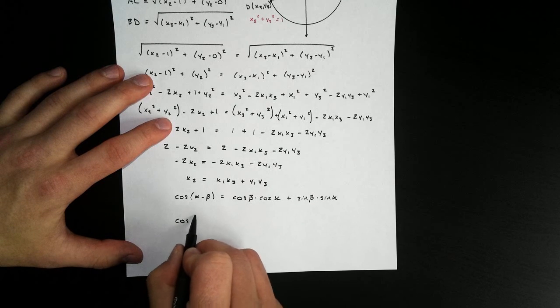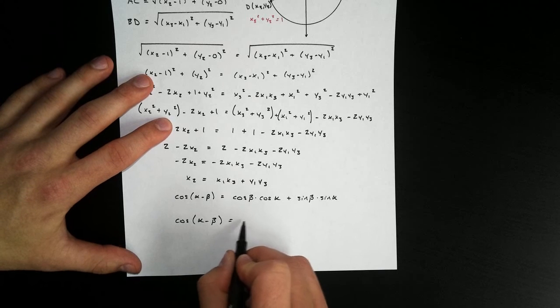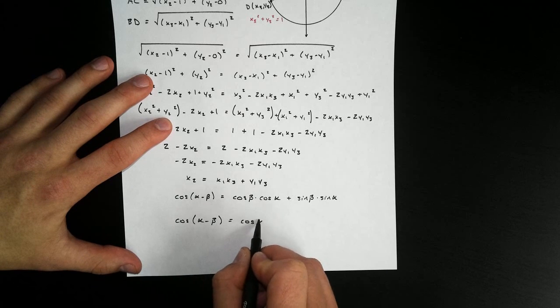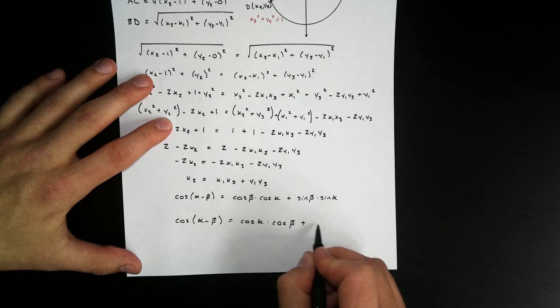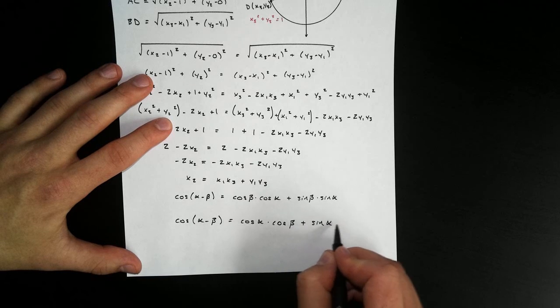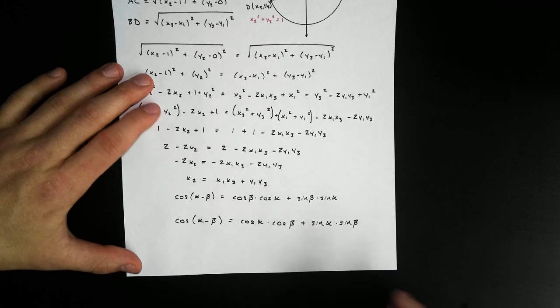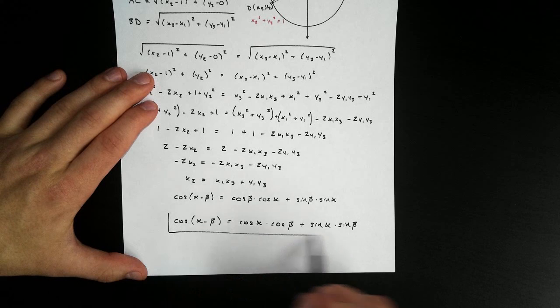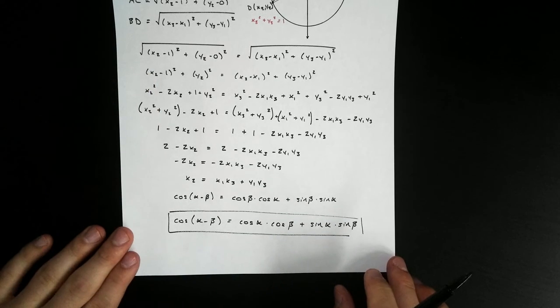We end up with the cosine of alpha minus beta is equal to the cosine of alpha times the cosine of beta plus the sine of alpha times the sine of beta. And there is the difference of cosine.